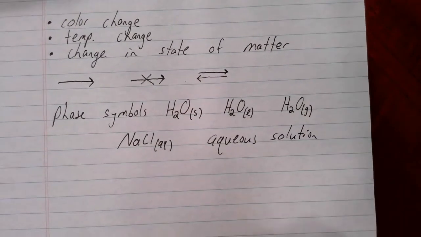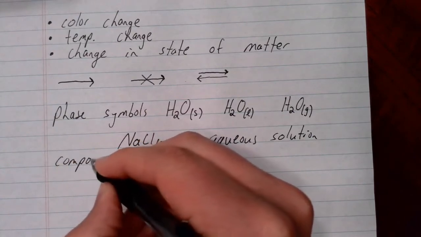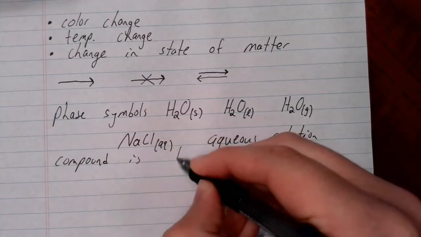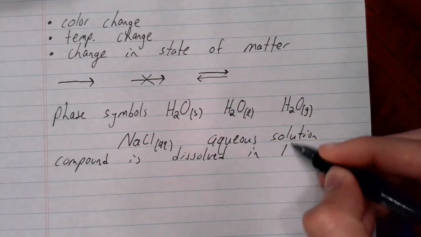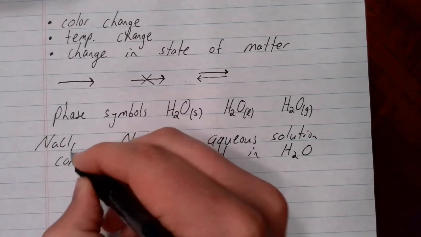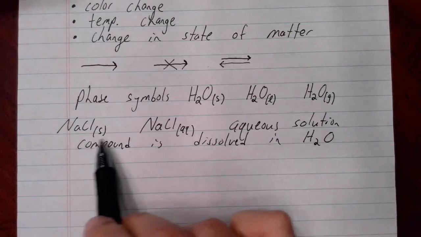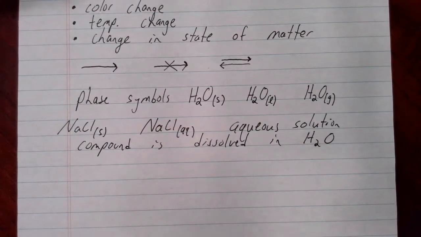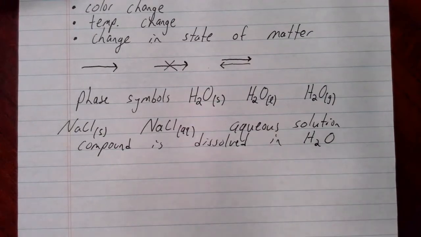So what this means is that the compound is dissolved in water. So we can have NaCl solid. Okay, that's the table salt you get out of your salt shaker at home. With the S is when it is the crystalline solid. Then if you dissolve NaCl in water, you have the AQ symbol.